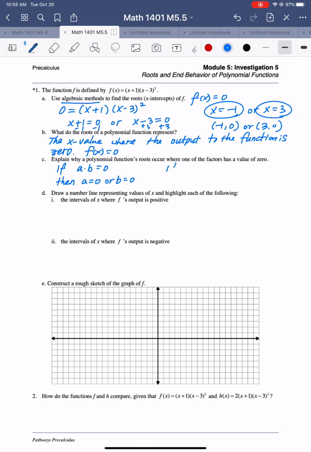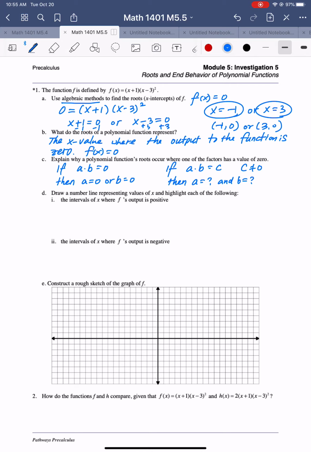But if you have a times b equal to c, and c is not equal to 0, it's hard to find what your a should be and what your b should be, right? So that's why we need to set at least one of the factors equal to 0, and then that's nice, we can choose it. So this is what we call the zero product property.